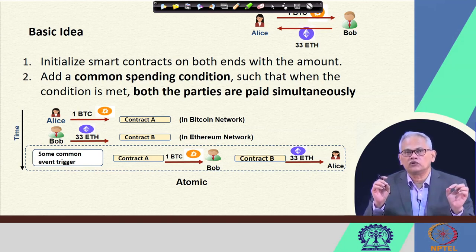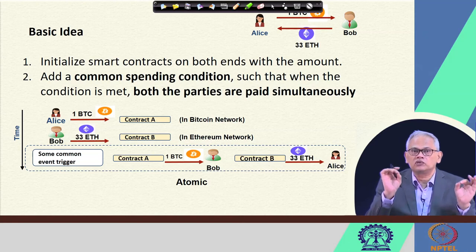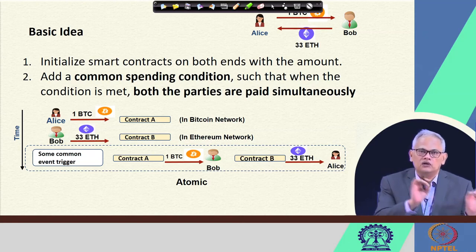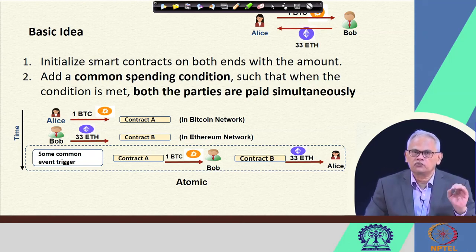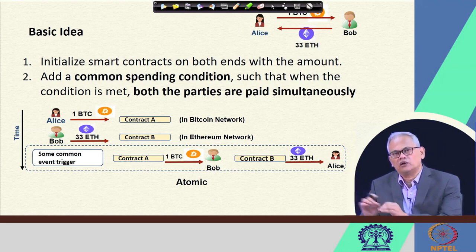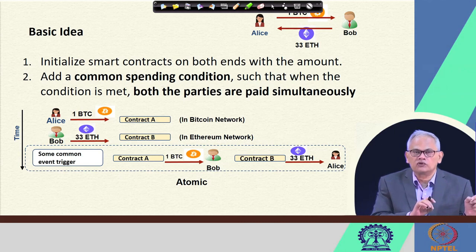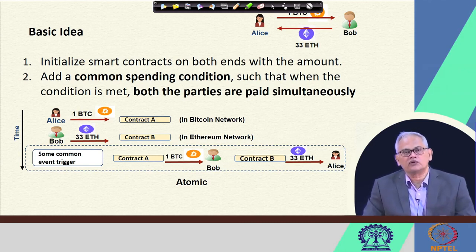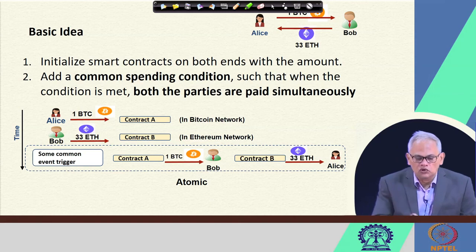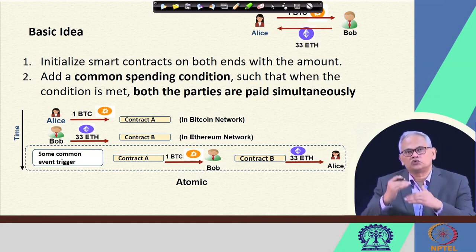Remember, both Alice and Bob have accounts in the Bitcoin network and they both also have accounts in the Ethereum network. In the Bitcoin network, Alice is creating this contract of transferring 1 Bitcoin to Bob. In the Ethereum network, Bob is creating this smart contract to transfer 33 ethers to Alice. Up to this we have the first 2 steps.